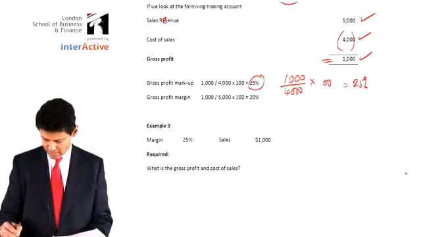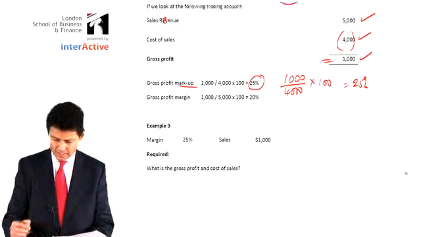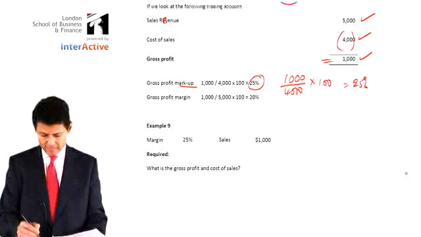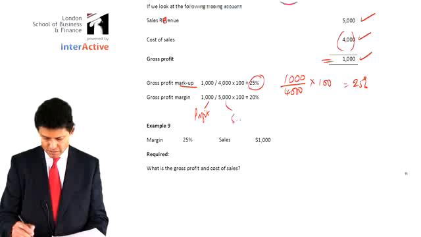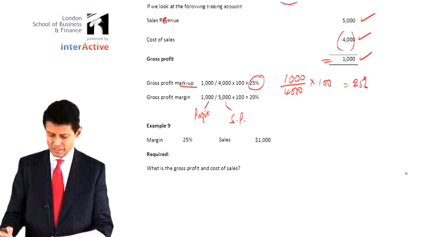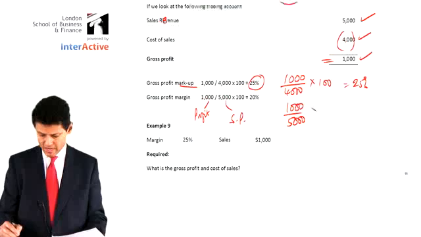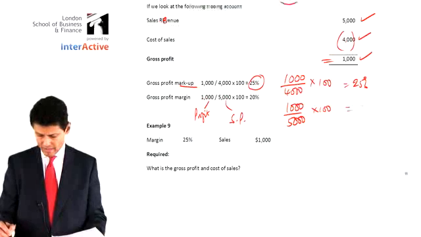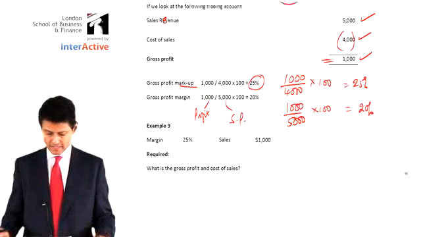How about the margin? The margin says the 1,000 is the profit, but this time it's based on selling price. If you multiply by 100, of course, you have 20%. So this time it's 1,000 divided by 5,000 times 100, and that's 20%. Very, very straightforward indeed.